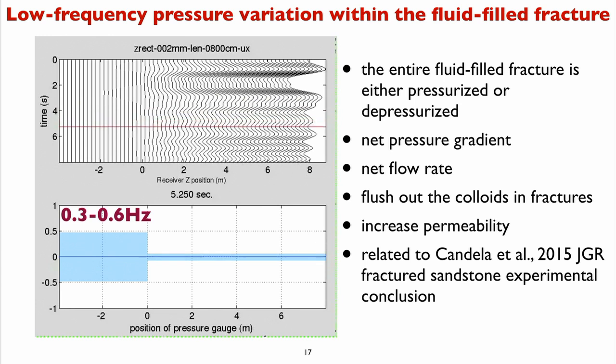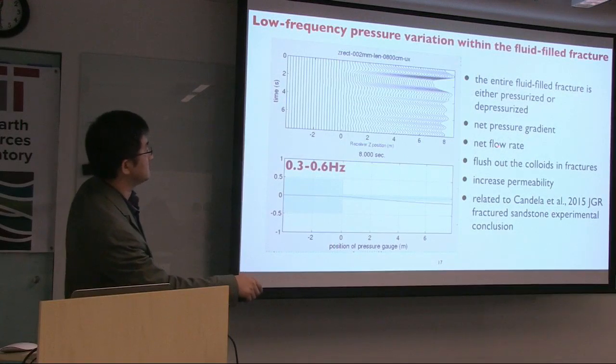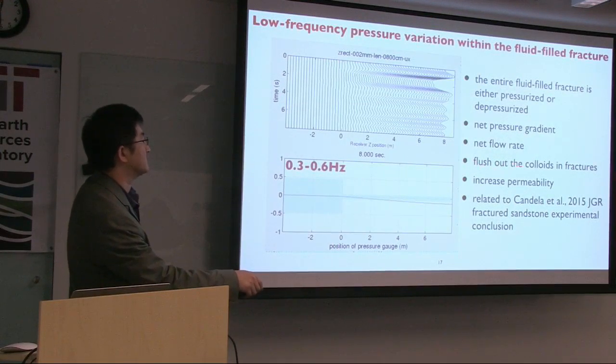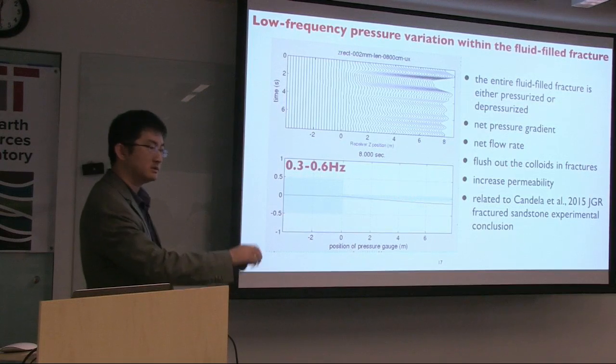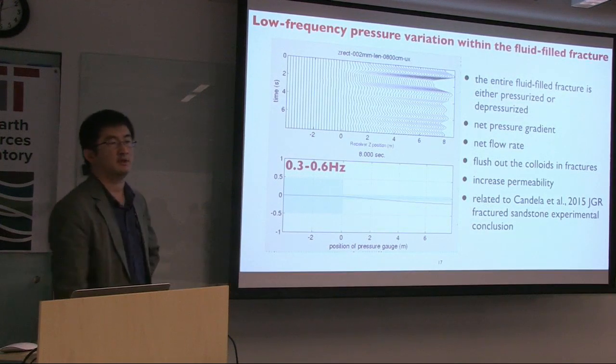So that's why the low frequency probably can enhance the permeability, because there's a net pressure gradient between the inside of the fracture and outside. Okay, when you have a net pressure gradient, by Darcy's law, that will induce a flow between the fracture and the outside. So once you induce the flow, it will flush out the particles stuck in the fracture and clear the pathways for fluid flow, and that will increase permeability.